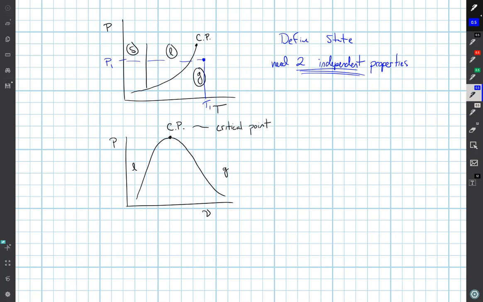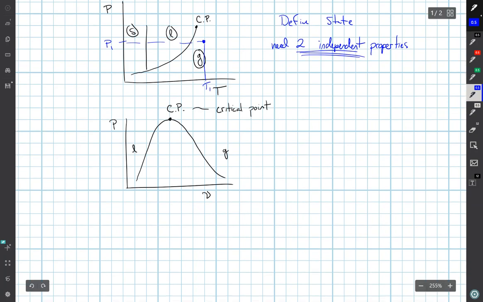So those would be two independent properties, pressure and temperature, that would define that state. Likewise, we could have two different independent properties. Say we'll define this point right here, where it could be defined by the specific volume, and over here, the pressure.